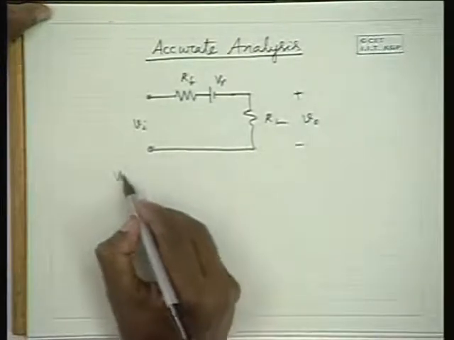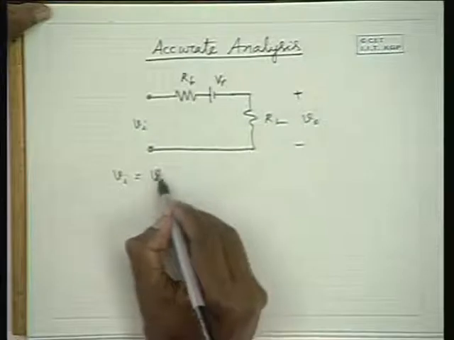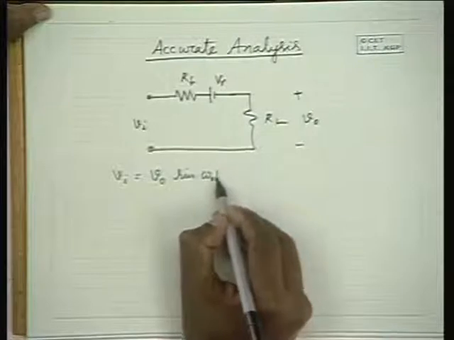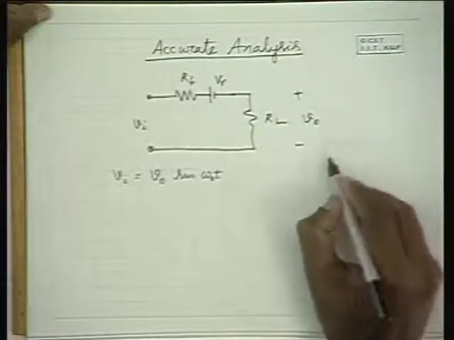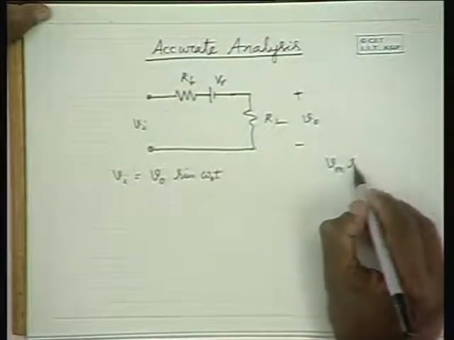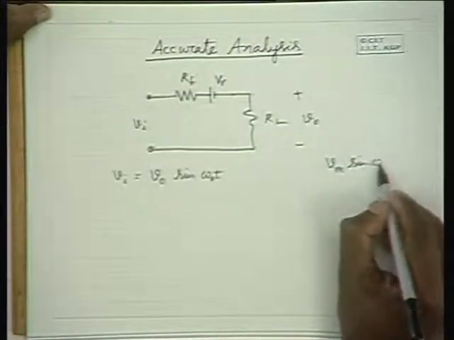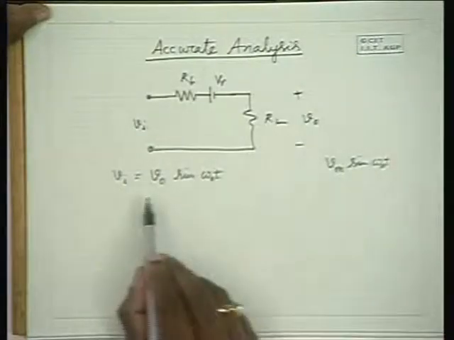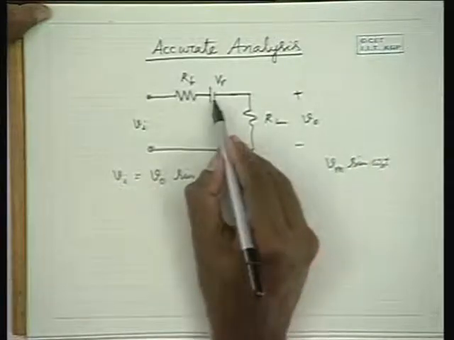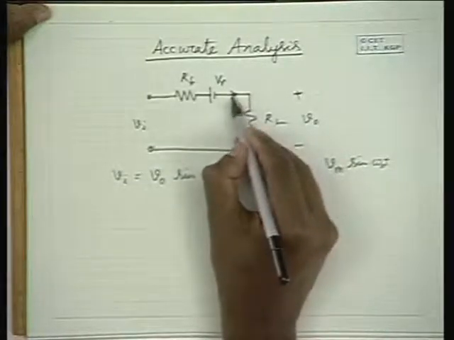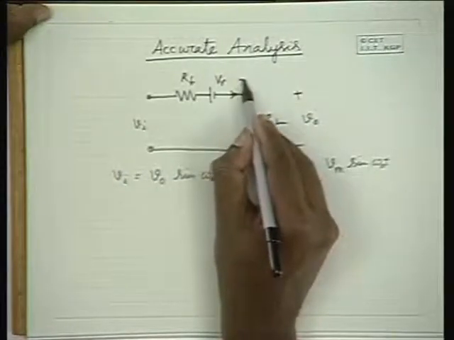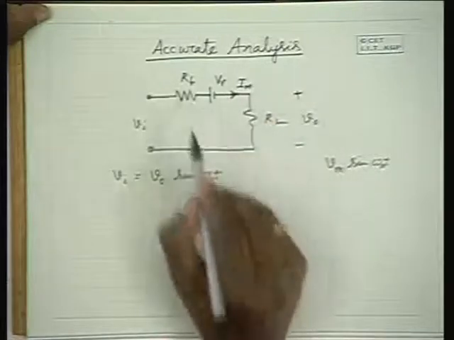So let us slightly change the notation here. Let the input voltage be V0 sine omega naught t. And the output voltage, with peak value Vm, is Vm sine omega naught t. So what is the difference between V0 and Vm? The difference is V gamma plus, if the diode peak current is Im, Im into RF.